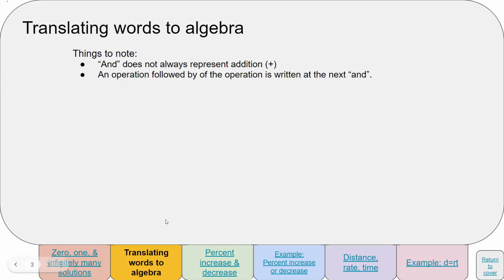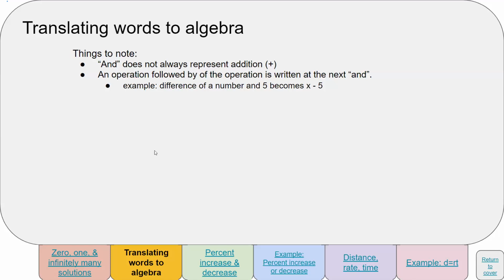And basically an operation followed by "of", I should have that in parentheses. I'll fix that in the slides. So like "the difference of", "the quotient of", that just means that the next "and" gets that operation. So that is where that "and" changes. I will work on the wording of that bullet. So for example, you have the difference of a number and 5.